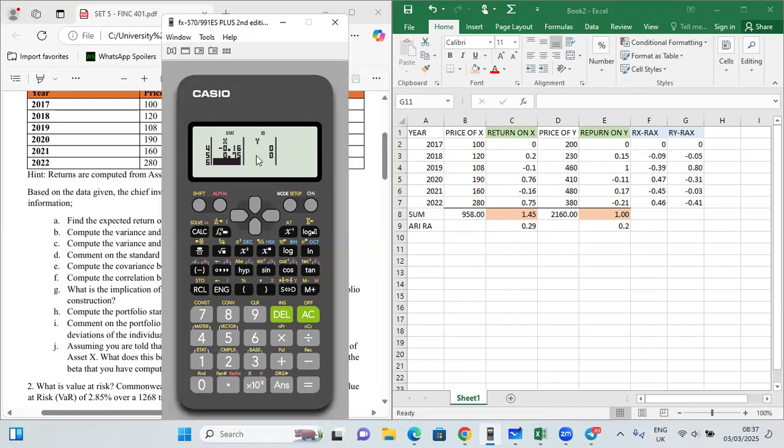Now we are done putting them. You see, we didn't start from 2017. It is not part. We're only starting from where the return started here.